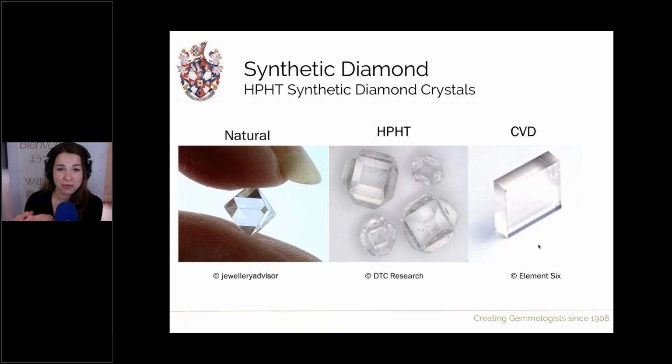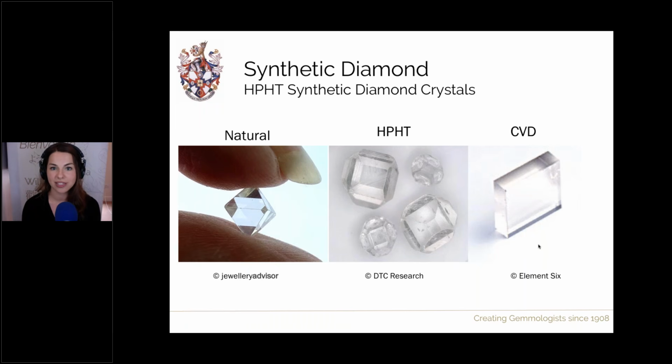So these crystals can be wafer thin, or they can get thicker and thicker until they are a thickness we can cut from them. So when they're looking like this in their crystal form, well, we can tell the difference quite easily. But once they're cut, that's where the fun really begins.